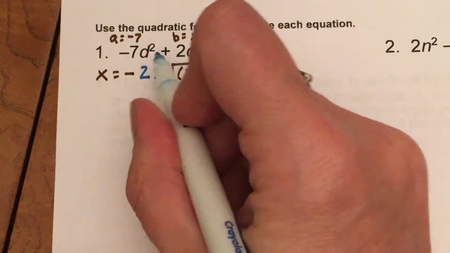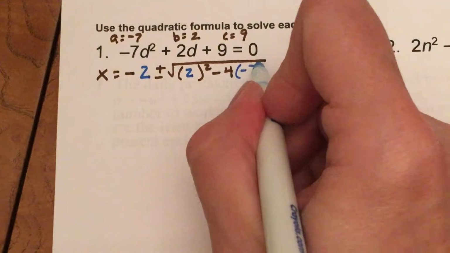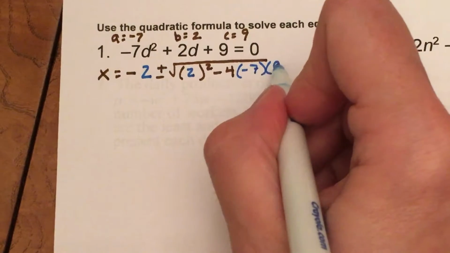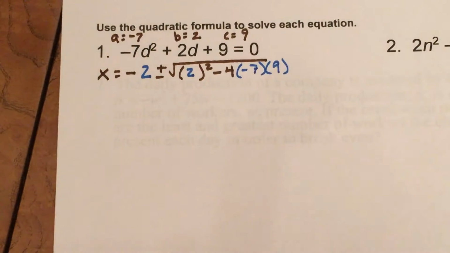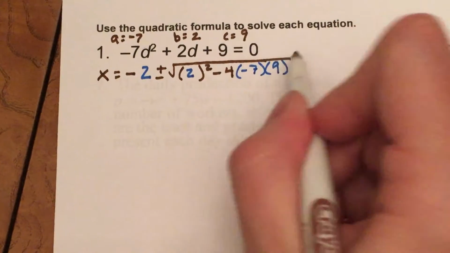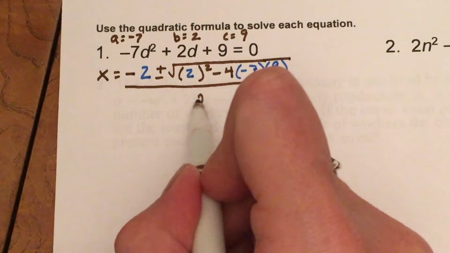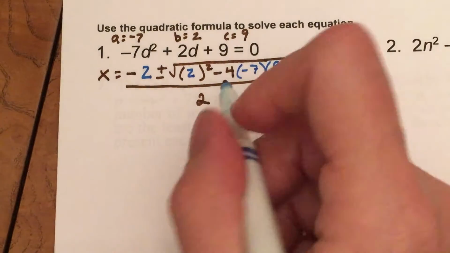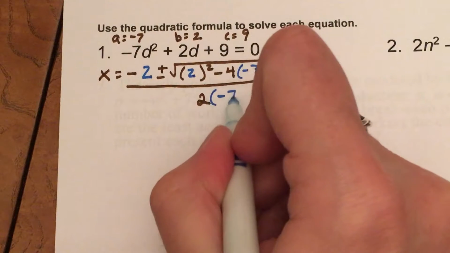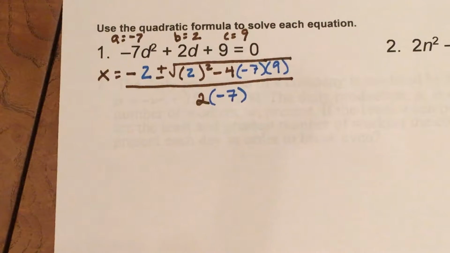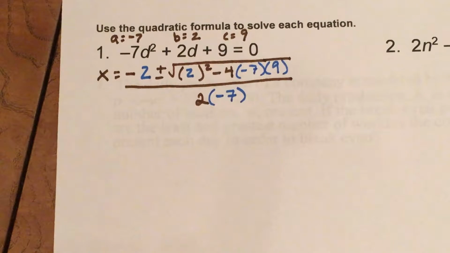What is a? -7 times c. What is c? 9. So my square root wasn't even long enough. All over 2 times a. What was a? -7. Woo! Filling in the blanks.